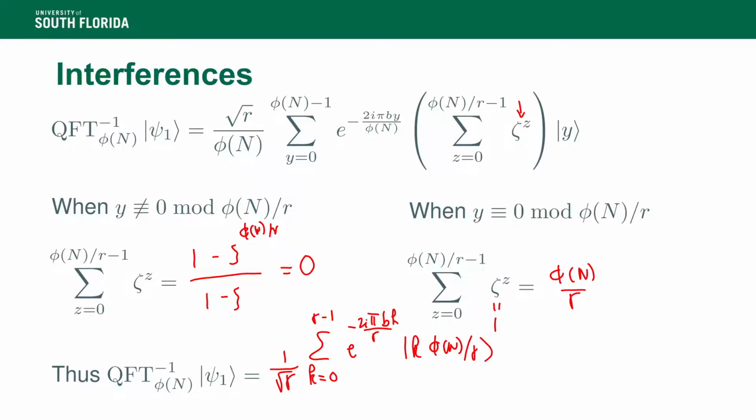Okay, so we have a drastic simplification here, and we know that we are going to measure something of this form.